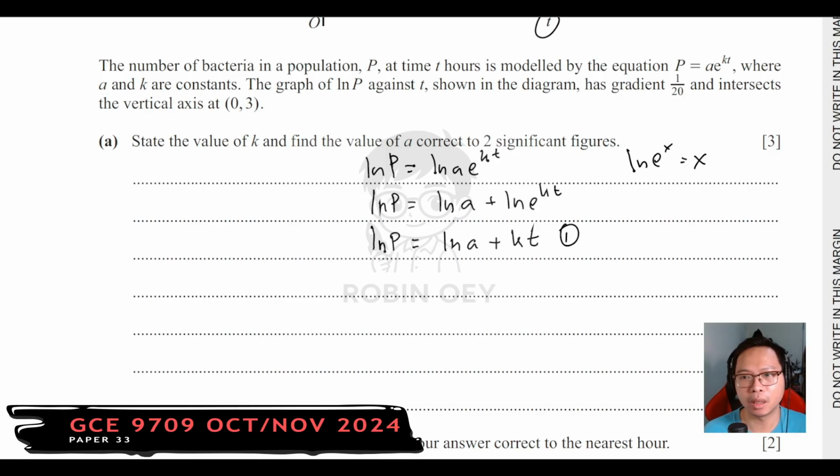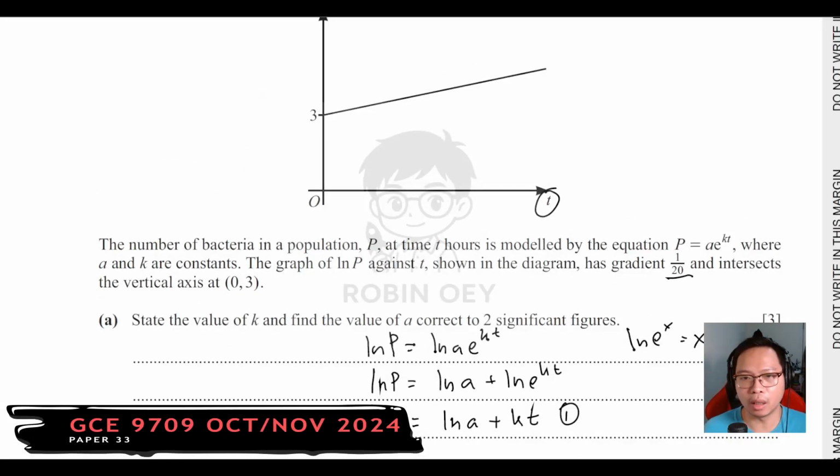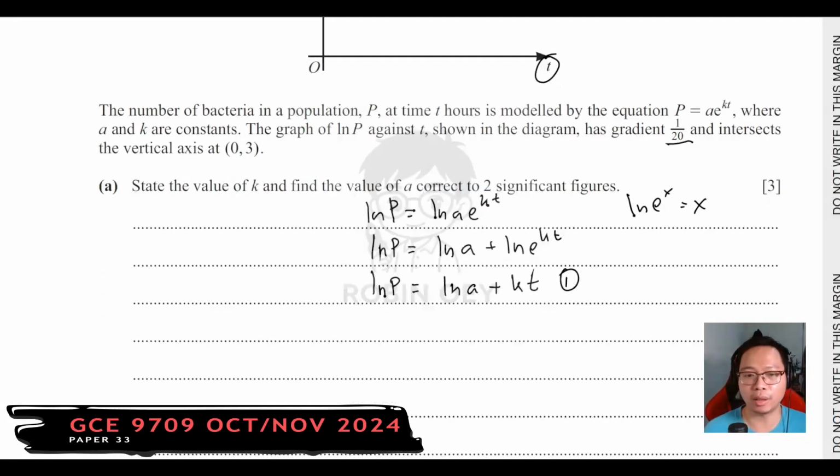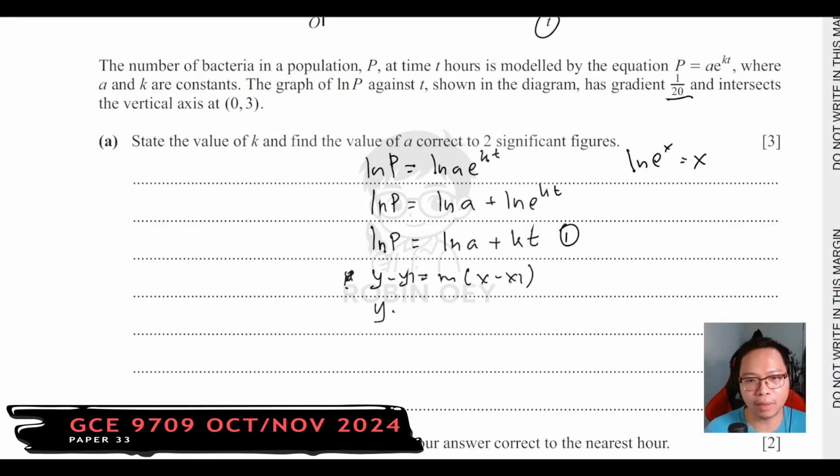It says the gradient is 1/20. If we see here, this is a straight line, a linear line, so we can use the linear equation formula y minus y1 equals m times (x minus x1). The y1 would be 3, so y minus 3 equals 1/20 times x, because the x is 0.